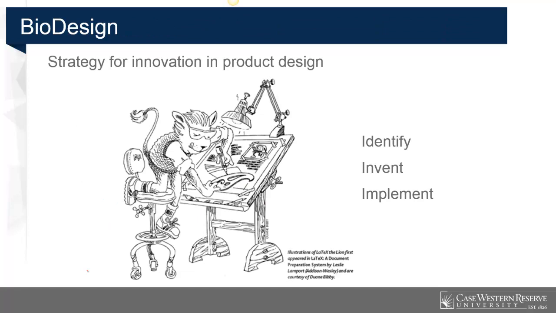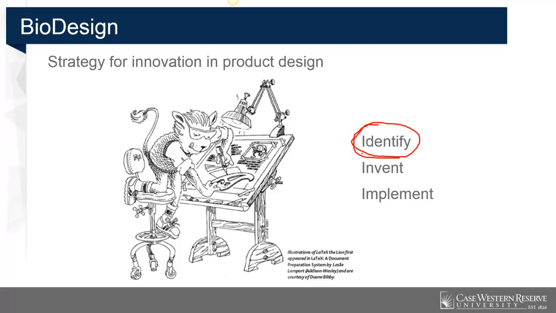If you had to think about the simplest way to characterize the biodesign strategy for innovation and product design, it's identify, invent, and implement. Going back to what I said about a minute ago regarding needs analysis, really it's about identifying what the true need is.